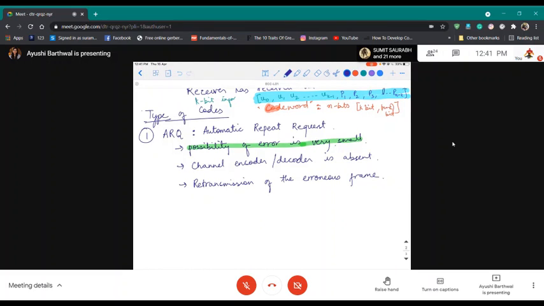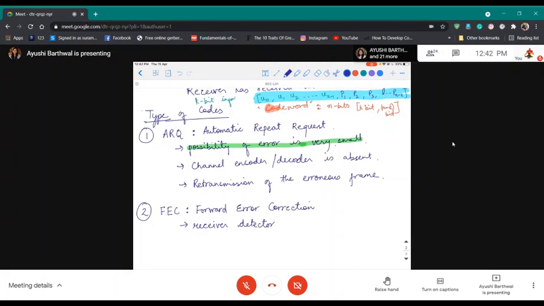So the other type of code is FEC, and it is called forward error correction code. In this, there is a channel encoder and decoder in the circuit, and the receiver circuit.